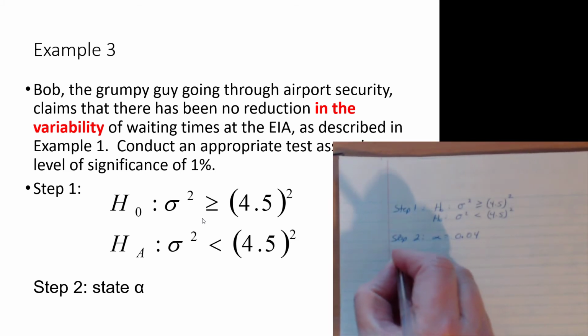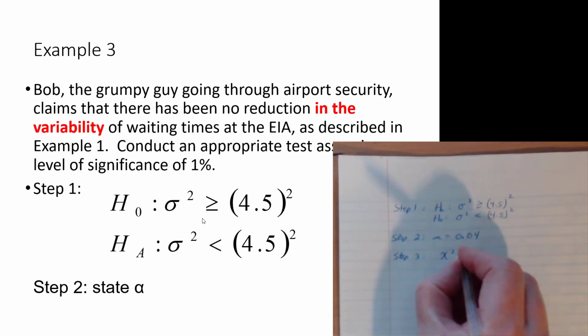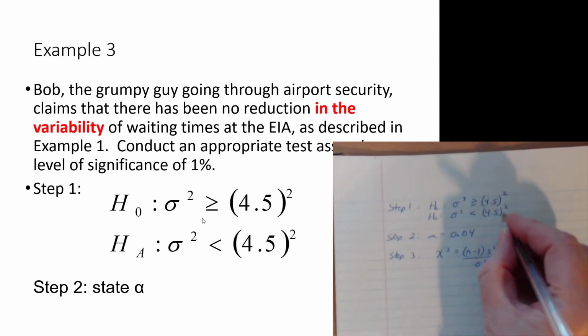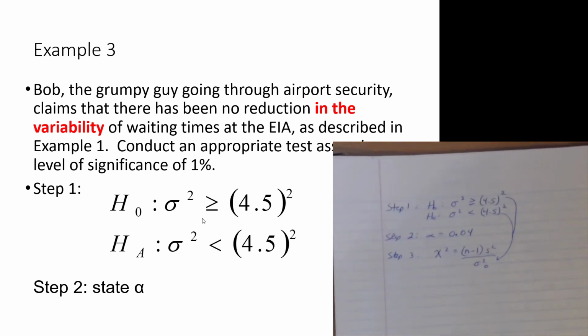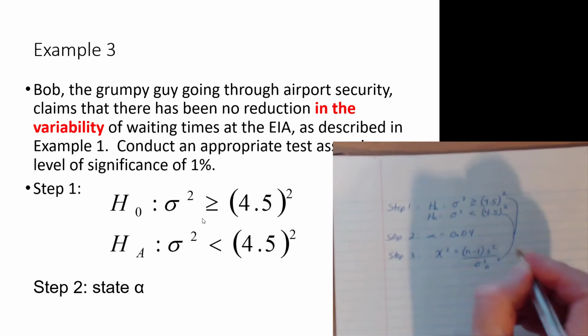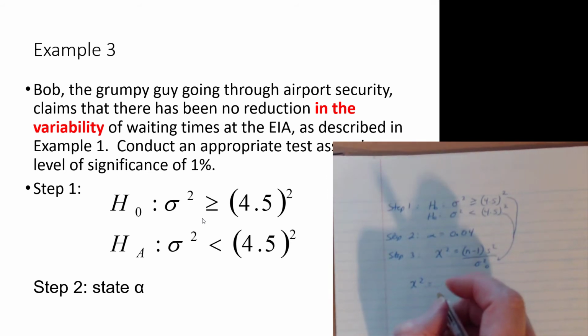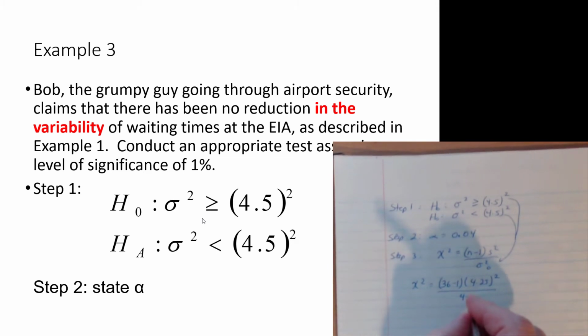Step 3, there's our test statistic. We have our chi-squared test statistic equals n minus 1 times s squared over sigma naught squared. Sigma naught squared is coming out of our hypothesis. S squared is coming out of our data, as is n. So chi-squared equals, what was our sample? I think we had 36 in our sample at the beginning, and 4.25 squared over 4.5 squared.